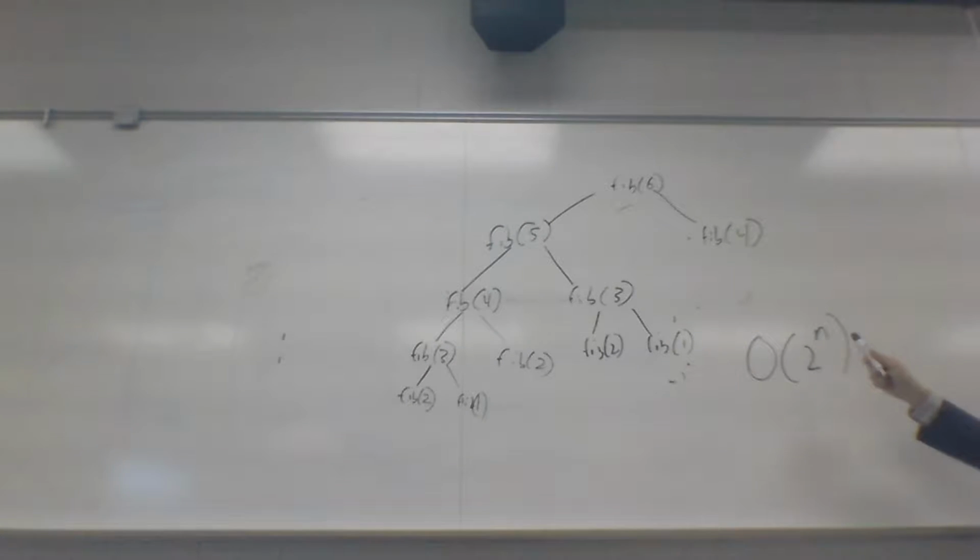And what that means is that every time n goes up by 1, the runtime roughly doubles. N goes up by 1, the amount of work we have to do doubles. So this is a terrible Fibonacci function. I don't know why it's often used as the first recursive method, mainly because it's an elegant way of looking at it and an elegant way of presenting the problem. But the runtime is terrible.